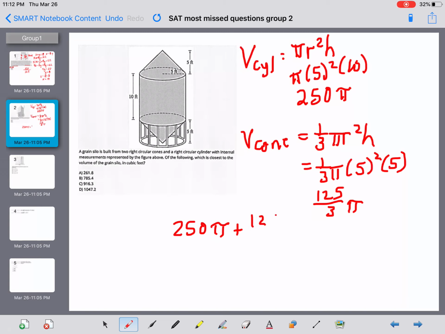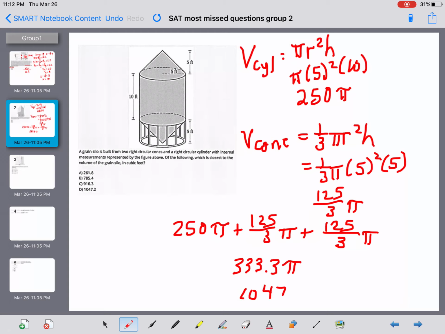So 125 over 3 pi plus 125 over 3 pi. If I add my like terms here, ignoring my pi, I can turn those thirds into decimals because I can see from my answer choices there's nothing exact here. So when I add 250 plus 125 over 3 plus 125 over 3, I get about 333.3 pi. And when I multiply it by pi, it matches D there, which is that 1047.2.